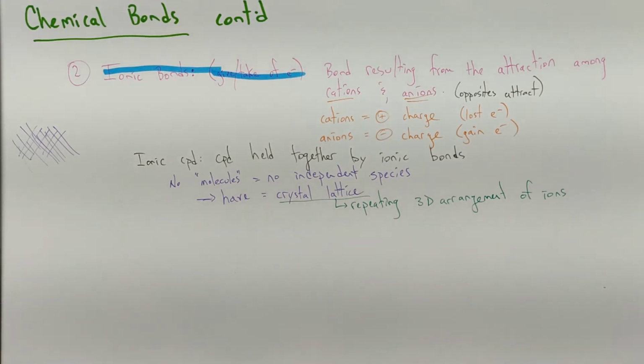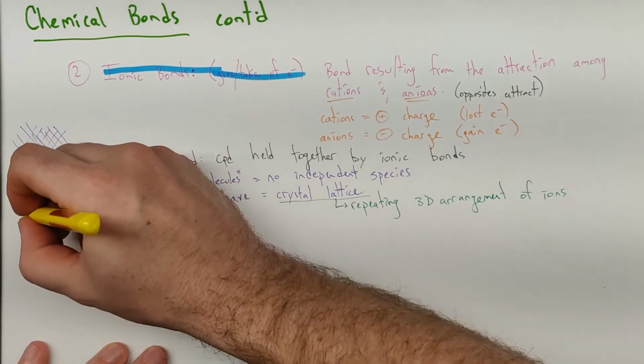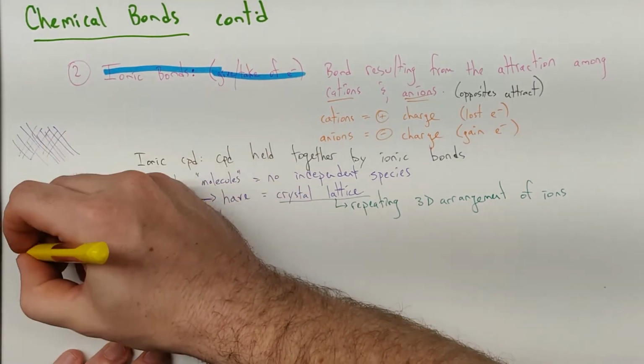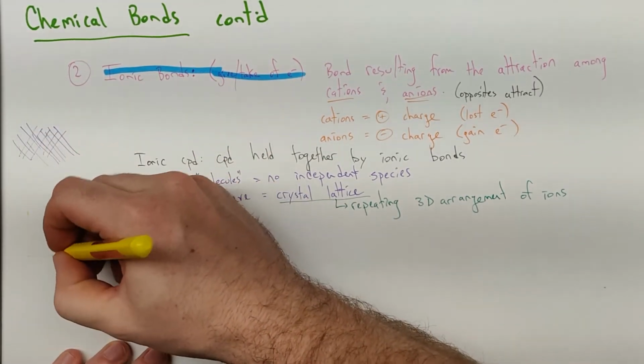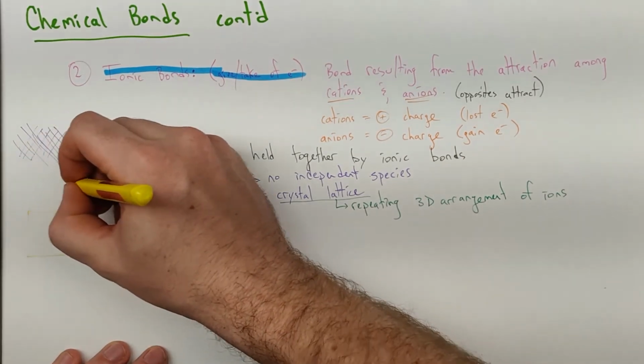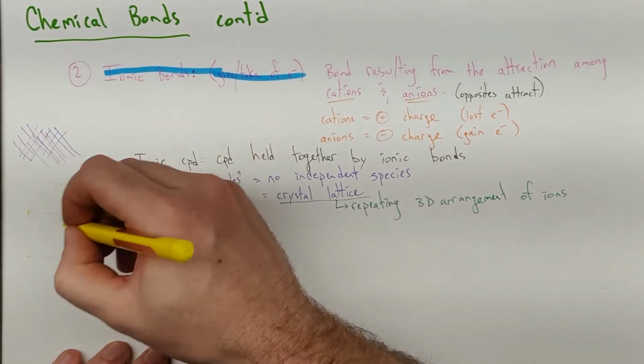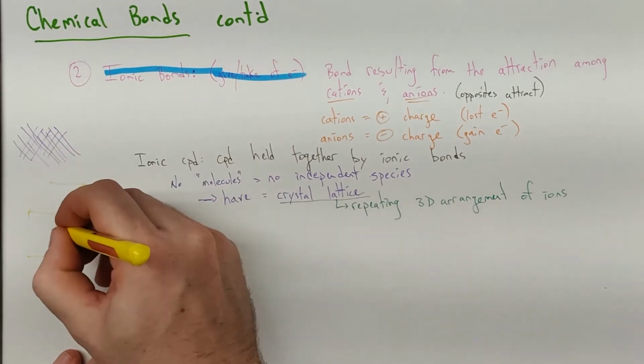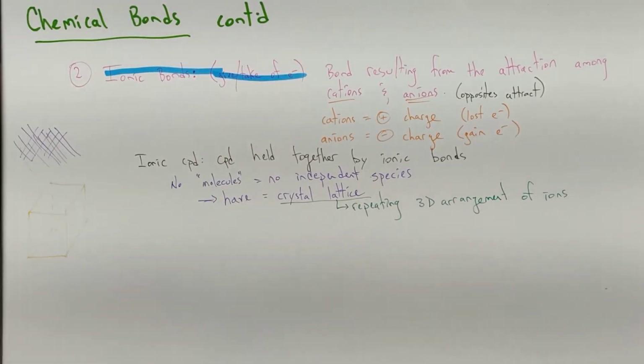All right, and I always end up drawing some version of this. I'll draw it out right now because it's important for our terminology, but it's not like mission critical that you do. All right, so a crystal lattice, you can have various types of arrangements, but the simplest one, coincidentally, is called simple cubic. All right, and it's like a simple cube, and you have your ions at the vertices.